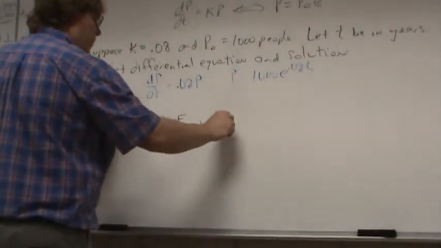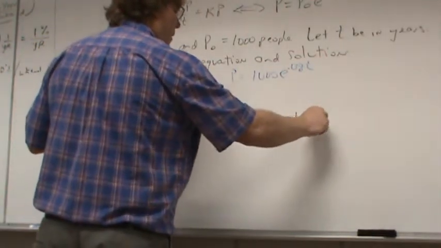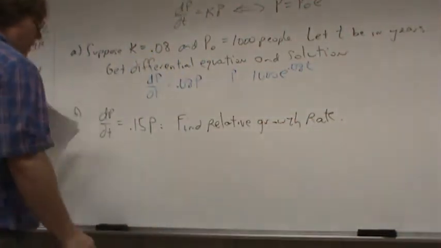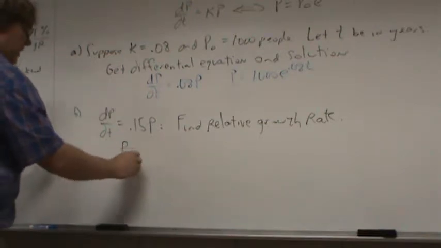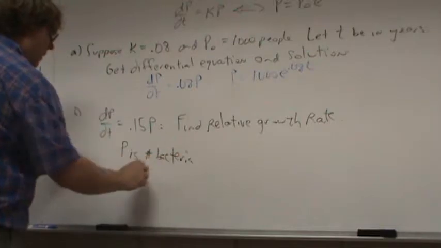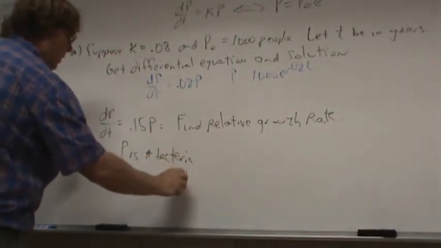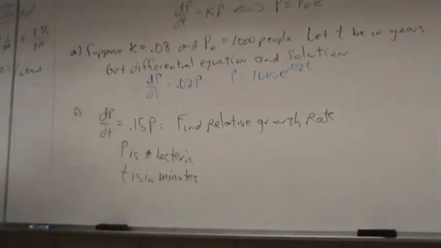Differential equation. Find the relative growth rate. And suppose P is number of bacteria and t is in minutes. What would the relative growth rate be?